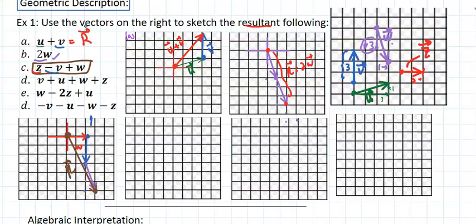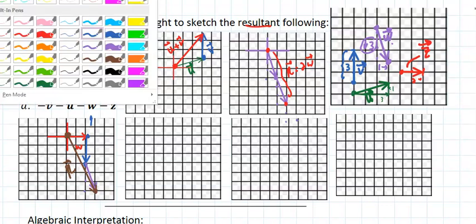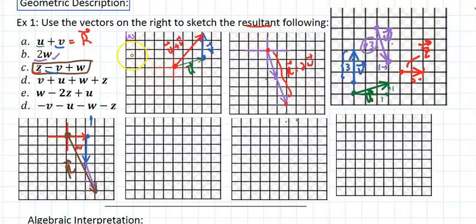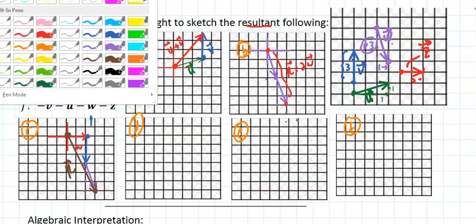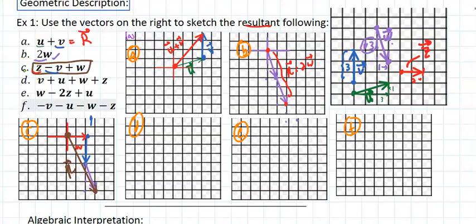How about D? So I should label those. This was A, B, C, D, E, and I'm going to label the last one F. And here they are. If I go to D, D starts with V. V is the blue.